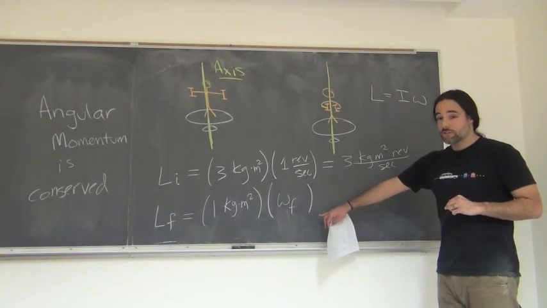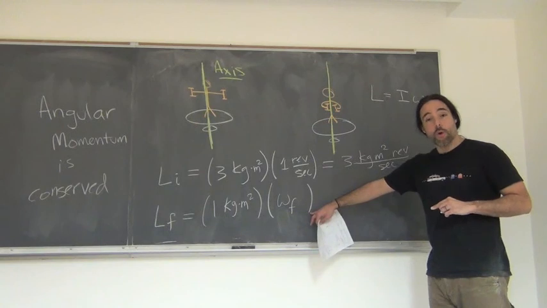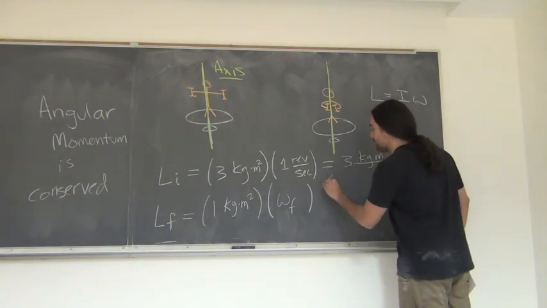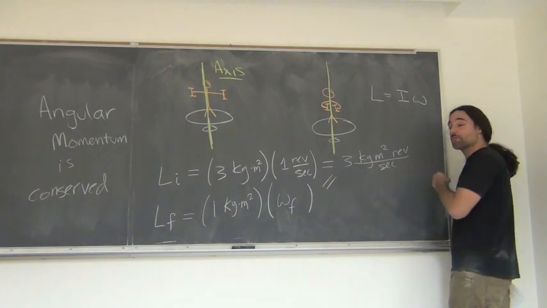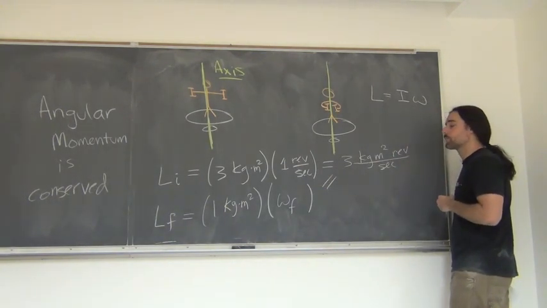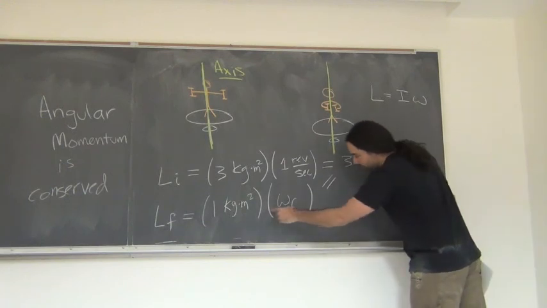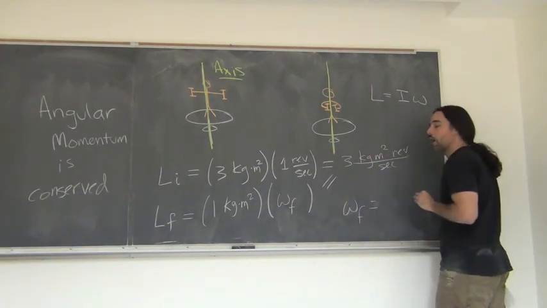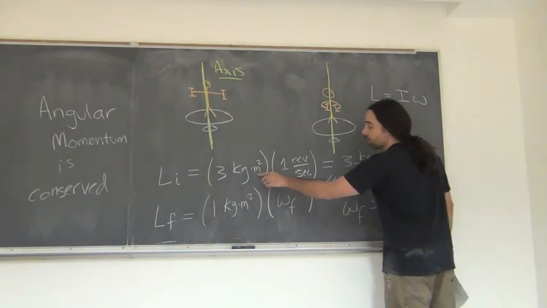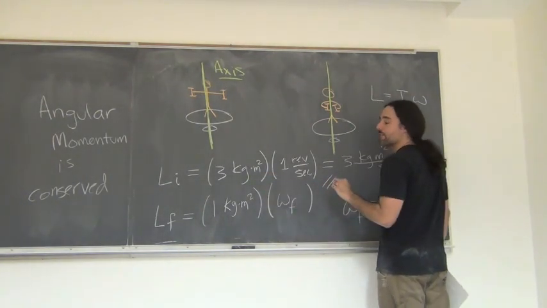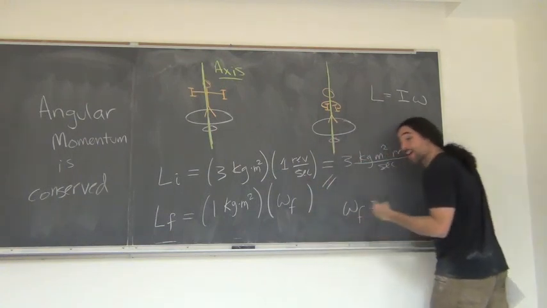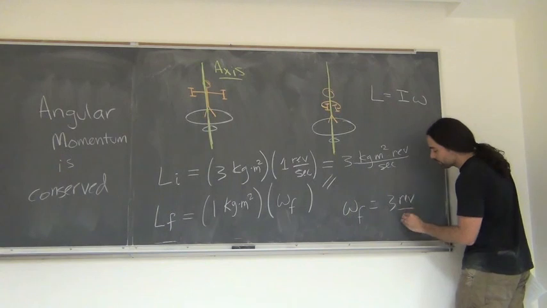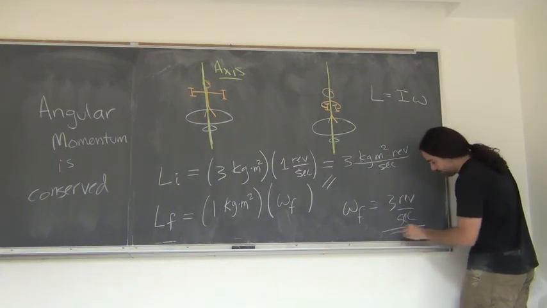Zach's angular velocity has to go up to compensate, because it's still going to be equal to that 3 kilograms meters squared revolutions per second. If we solve for this, we would find that the final angular velocity, since the moment of inertia went down by a factor of 3, has to go up by a factor of 3, so it would be 3 revolutions per second.